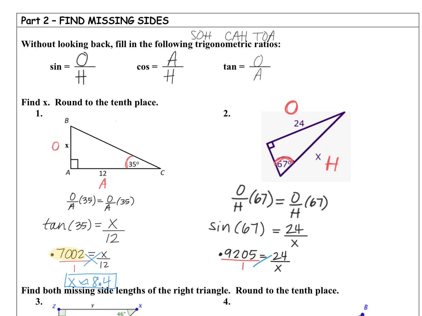No, because I'm going to get this, sorry, I'm running out of room. 0.9205 times x. Okay. But you're smart people. You've done this before. How do you get x by itself? Divide. Divide by sine of 67.